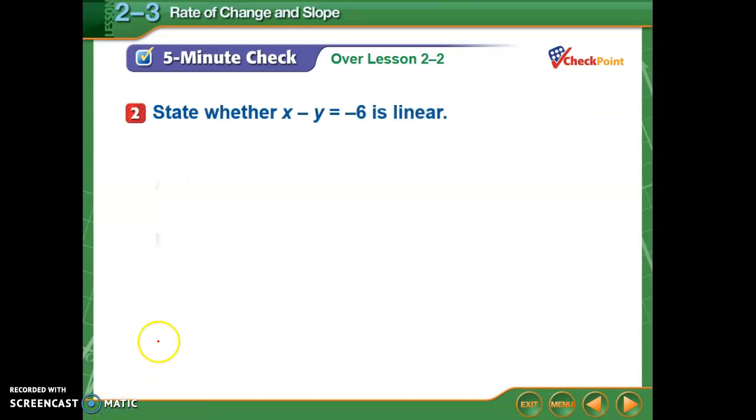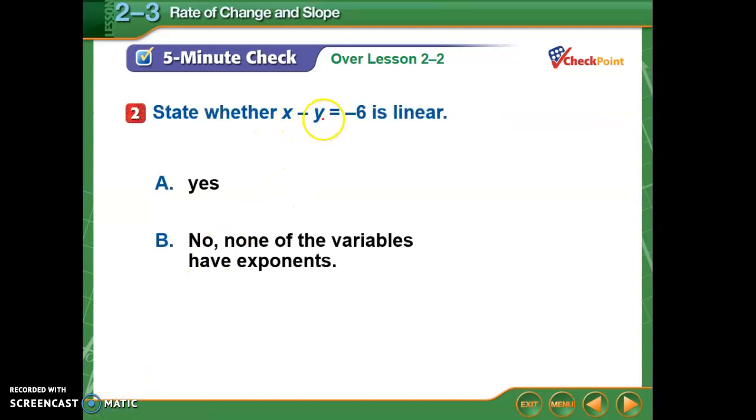Alright, next problem. How about x minus y equals negative 6? Is this a linear function? If you are going to check again the equation y equals mx plus b, let's see if it follows the format. We're going to move x to the other side.